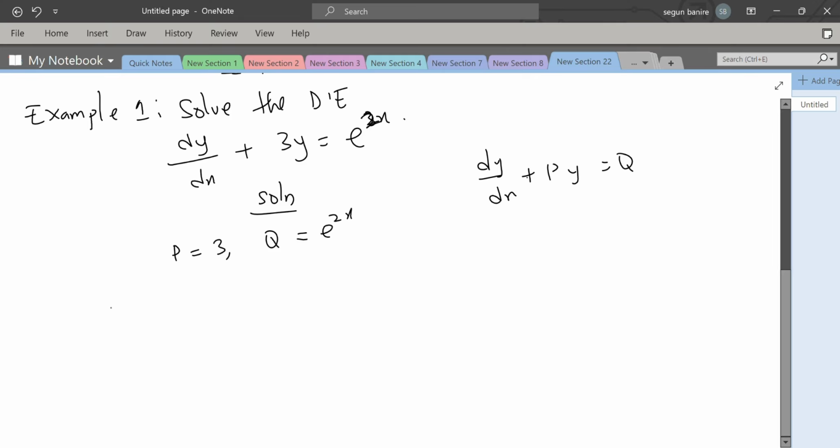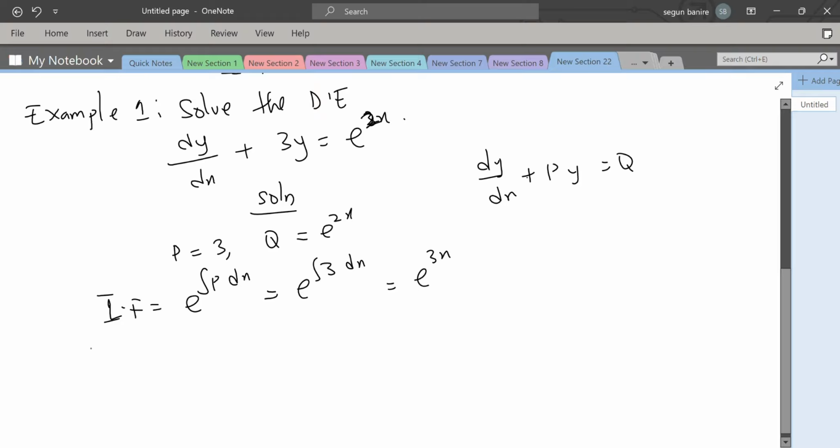With that, what is your integrating factor? That is what you need. The integrating factor is e to the integral of P dx. What is P? P is 3. If you integrate 3, you get 3x.